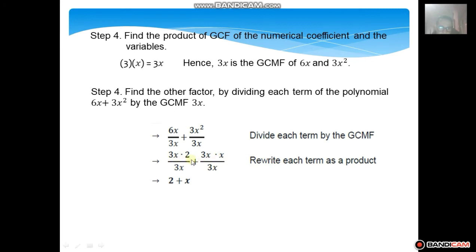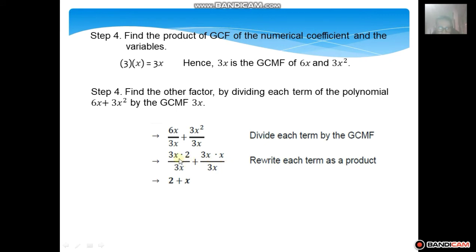What we did here, guys, we factored the numerators. First, the factors of the numerical coefficient 6 are 3 and 2. Then the factors of 3x squared: 3 can no longer be factored, so only the variable x, we have x and x. In this step, try to recall the concept of division of polynomials.